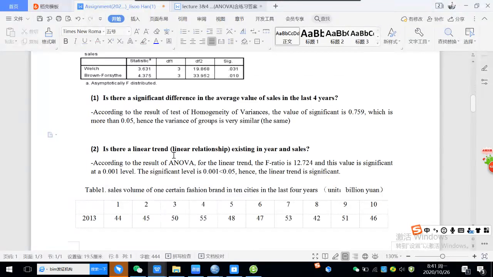Is there a linear trend existing in year and sales? That means you need to answer if the sales volume is increasing proportionally when the year goes from 2013 to 2016.